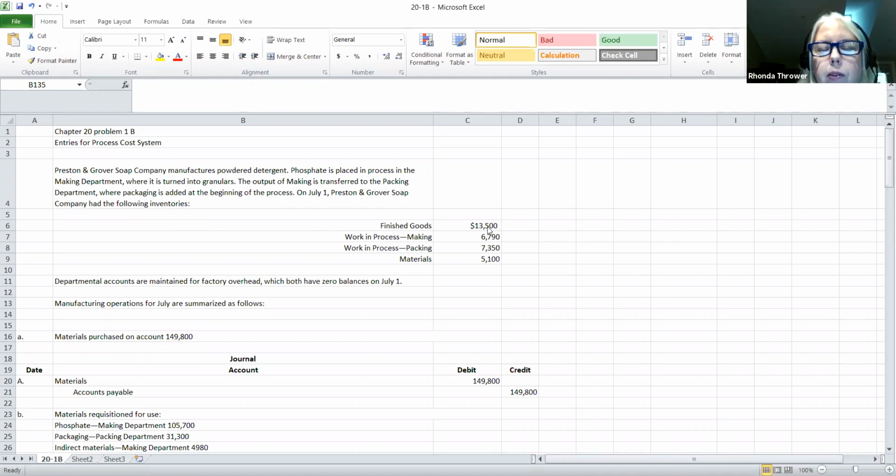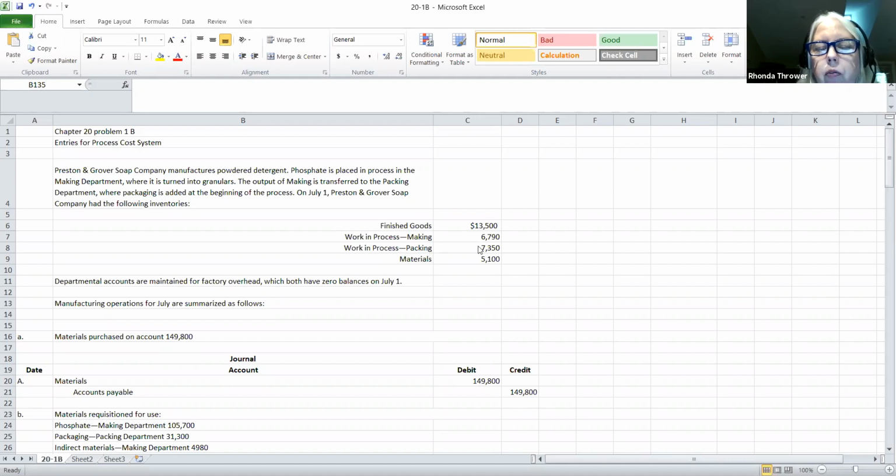So they already had some beginning inventories for finished goods. This is a company that's been in business for a while. So that finished goods inventory amount would be debited to the finished goods ledger account. They already had work in process for the making department and work in process for the packing department, because in a process cost accounting system, we'd have a work in process inventory for each one of our departments.